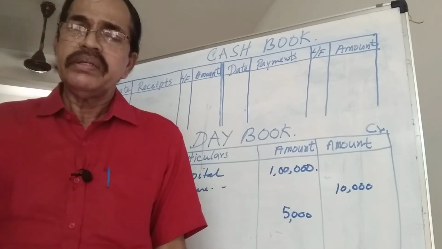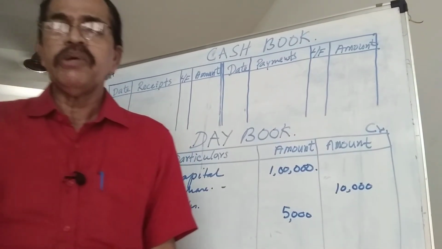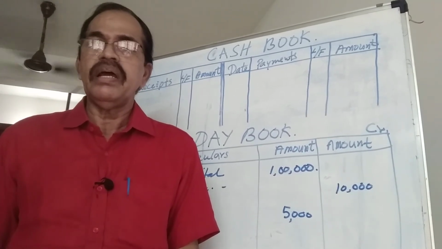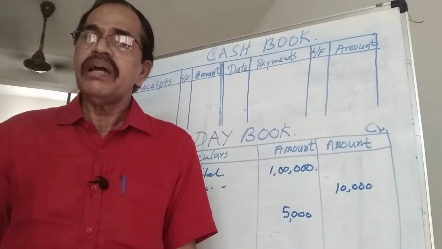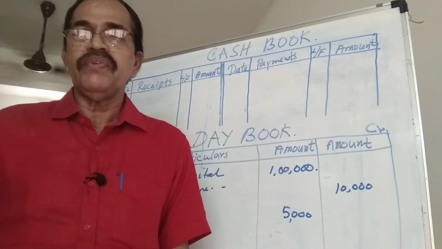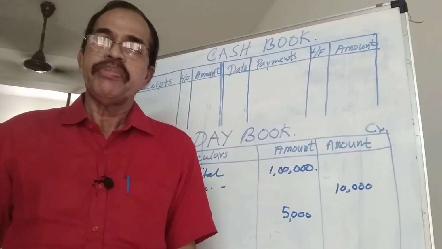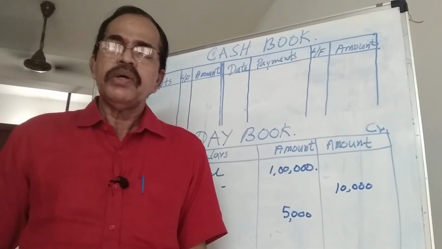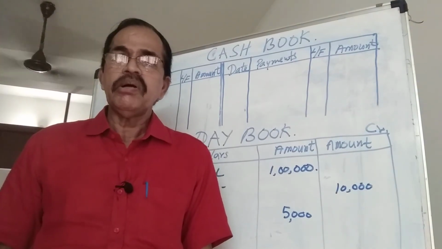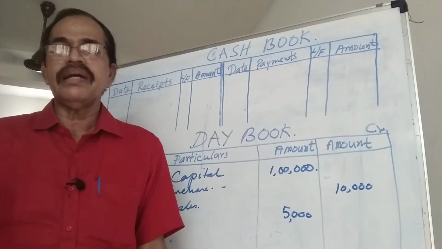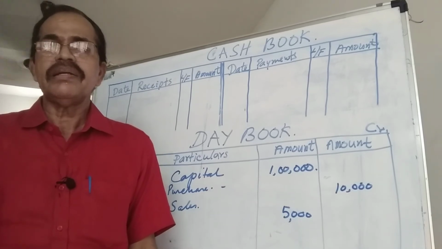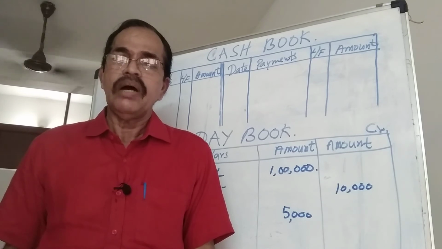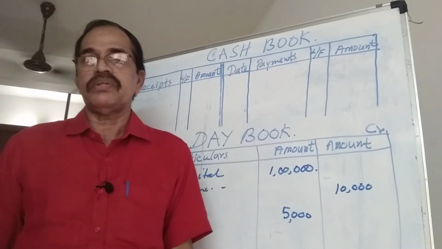And at the end of the day, when cash book is balanced, we get the cash balance or the cash in hand. And that cash in hand should be checked with the actual cash balance that is available in the business. Now, I told you earlier, in the day book we can record even credit transactions. And let us see how credit transactions are recorded in the day book without affecting the cash balance.